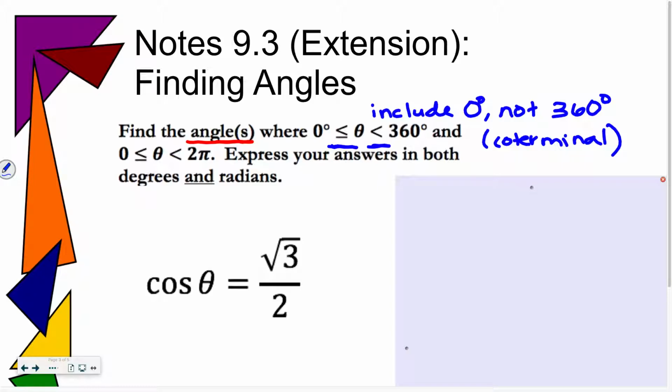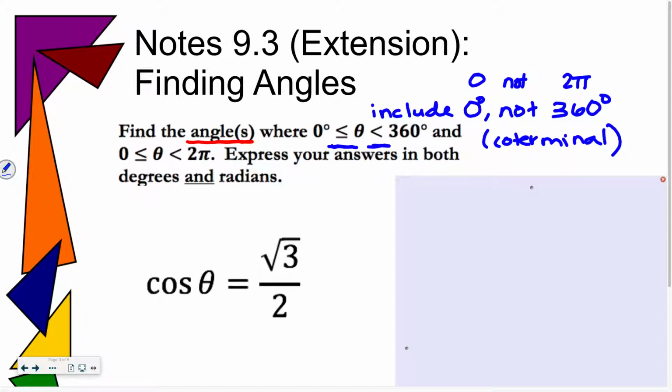So if you say that it's that angle at the positive x-axis, I want you to say 0. Don't say 360. And the same thing for 0 and 2 pi. Include 0, not 2 pi. So if you want to answer 2 pi, answer with its coterminal 0 because that's included in the notation. That's all that's saying.